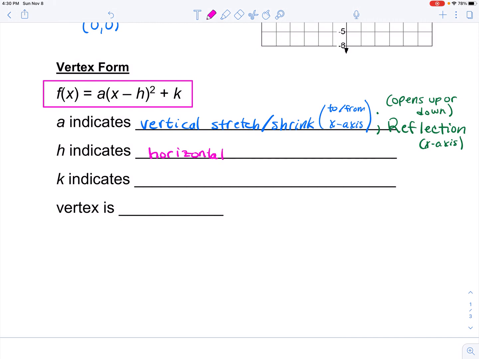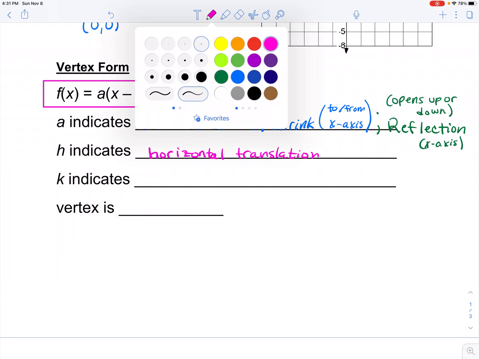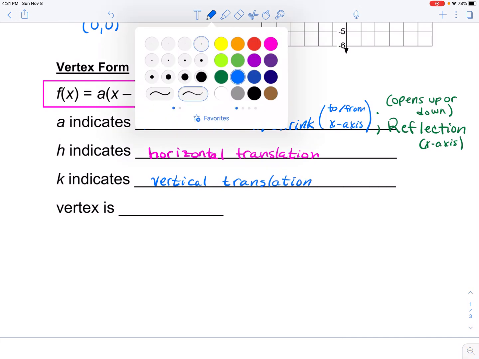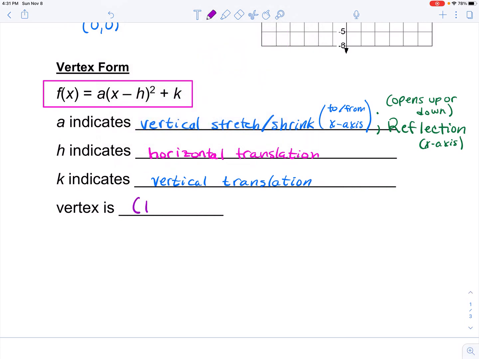Horizontal translation. And the k will make that parabola shift up or down, so that would be a vertical translation. And the vertex, that is h, comma, k.